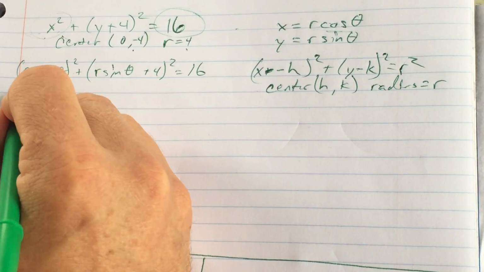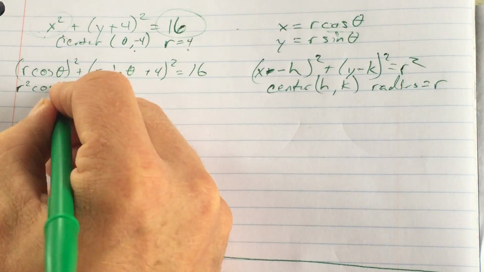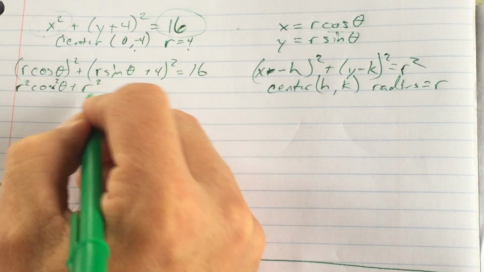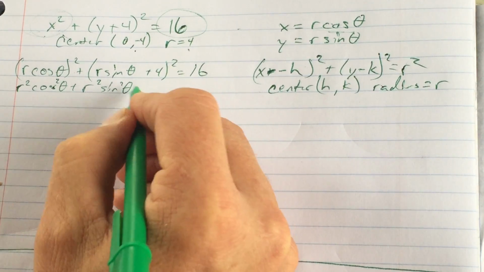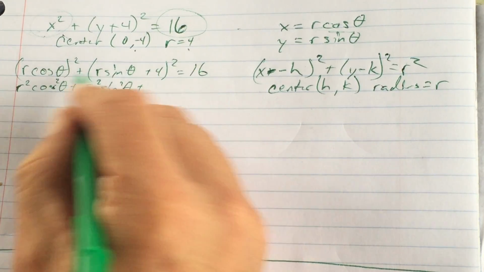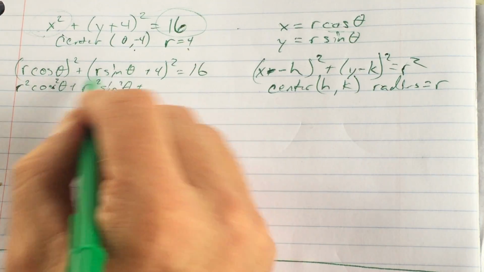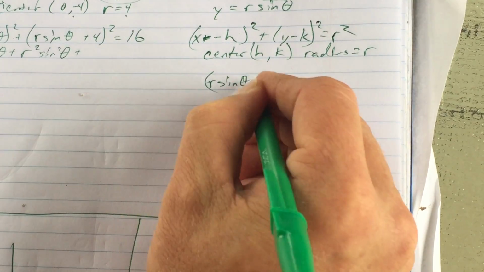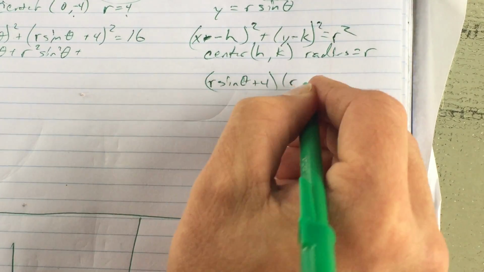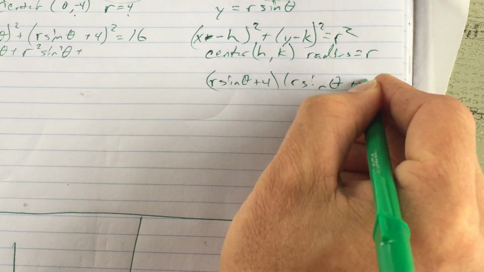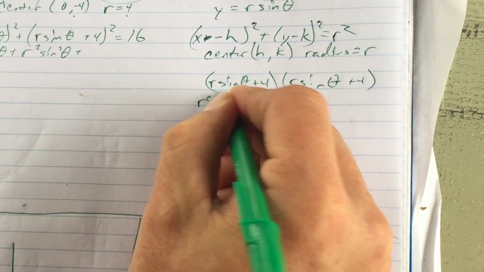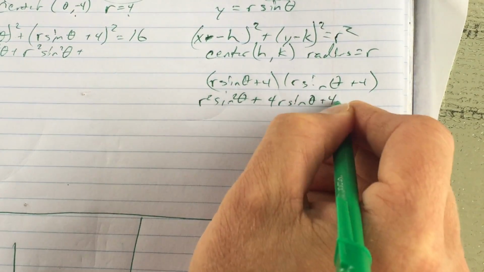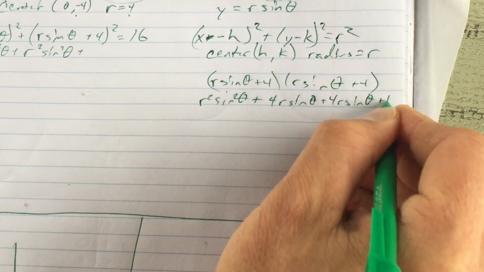If we multiply this, it's going to be r squared cosine squared of theta, plus r squared sine squared of theta, plus, let's just do this on the side. (r sine of theta plus 4) squared means we're going to multiply it by itself, which means we have r squared sine squared theta plus 4r sine theta plus 4r sine theta plus 16.